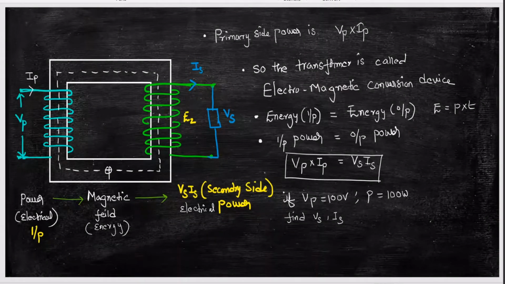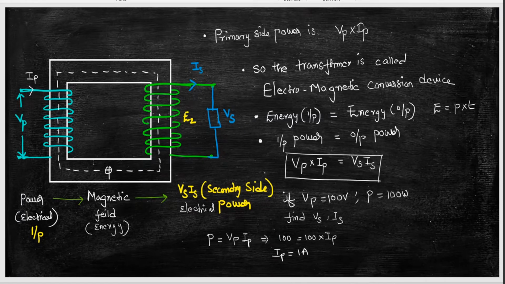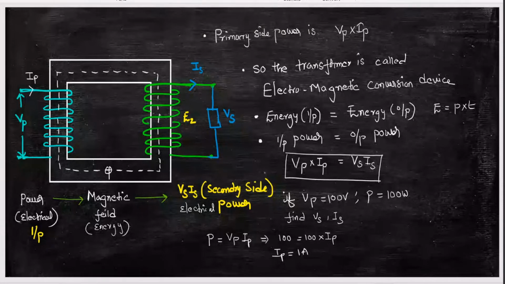So P is equal to Vp Ip. Vp is 100, so P is 100. So 100 is equal to 100 into Ip. Now I am going to calculate Ip. So Ip is equal to how much? 1 ampere. Ip is 1 ampere. So Vp Ip is 100 into 1.